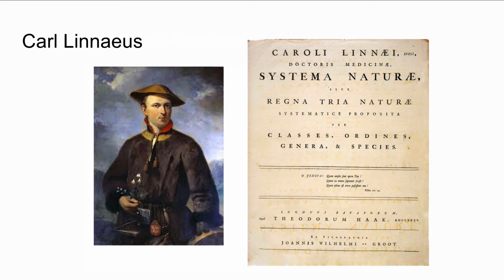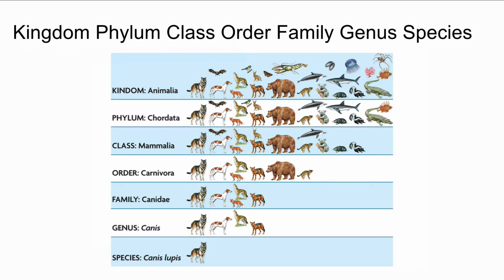Okay, the next scientist that we're going to look at is Carl Linnaeus. Linnaeus was the first to organize nature. His famous book is called Systema Naturae. In it, we come across the organization that many of us are familiar with. Kingdom, this is the animal kingdom, the animals that have chordates or backbones, mammals, carnivores, and then finally down to genus and species, the Canis lupus, the wolf species.